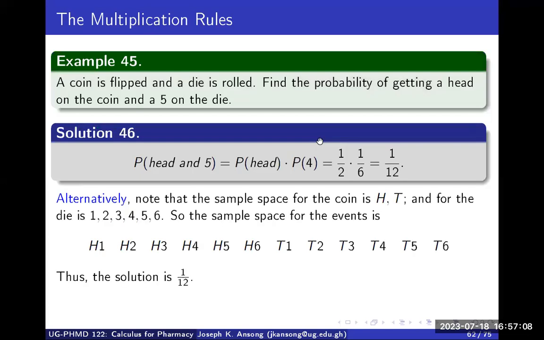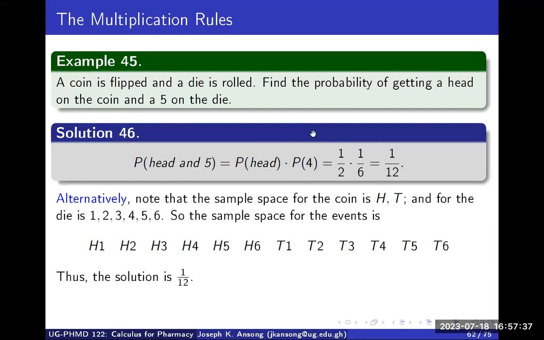So let's look at the example we mentioned before. A coin is flipped and a die is rolled. Find the probability of getting a head on the coin and a 5 on the die. Because the events are independent, we can just find the probability of getting a head and the probability of getting a 5.